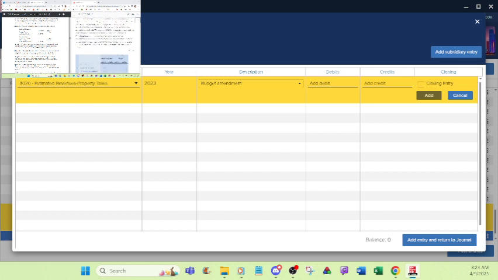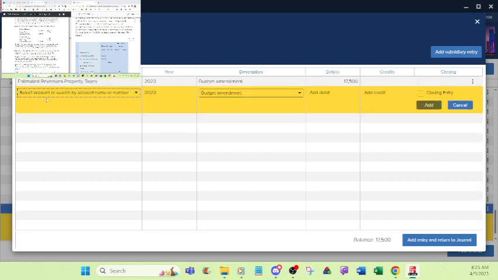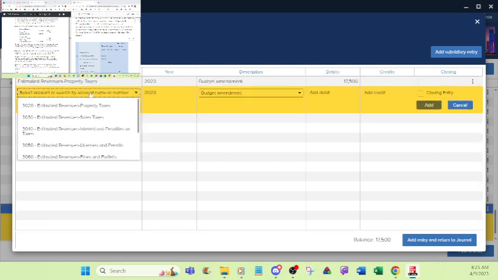See, increased charge for services, 15,000. Debit. We're increasing the revenue of property taxes by debiting it. We're increasing the estimated revenue by debiting it. Interest and penalties.